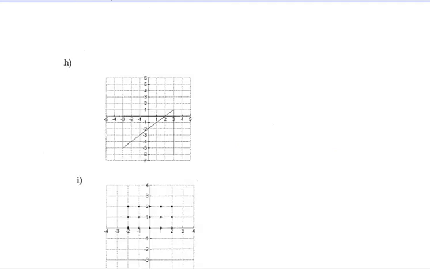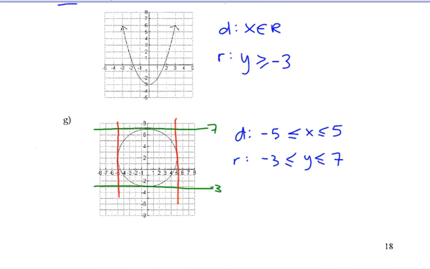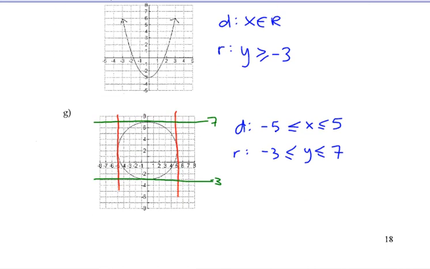Try the next one, please. What two x values is your graph between? What two y values is your graph between? Try and write that domain for the next one.